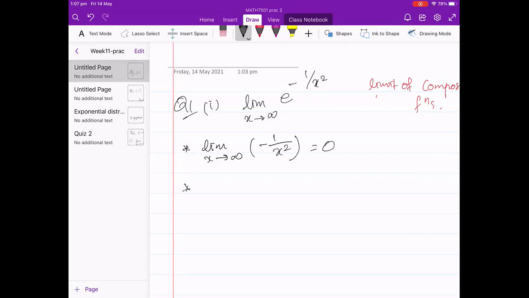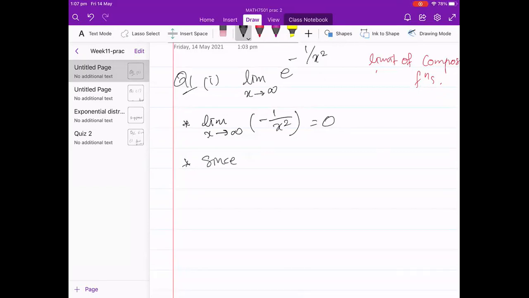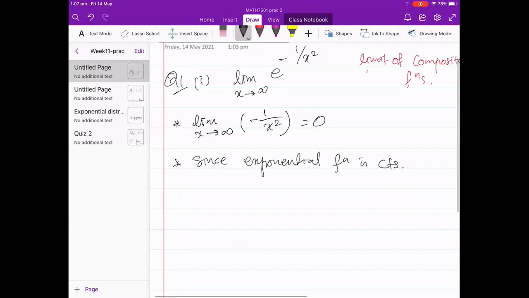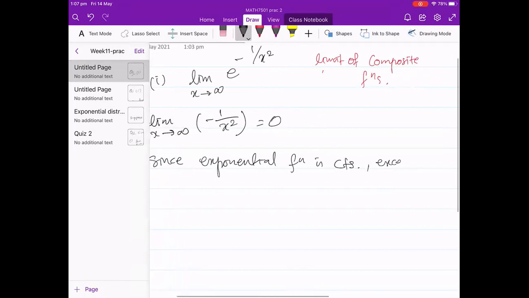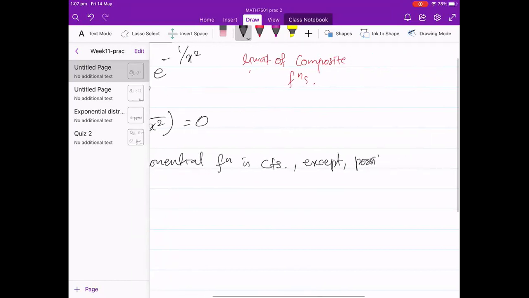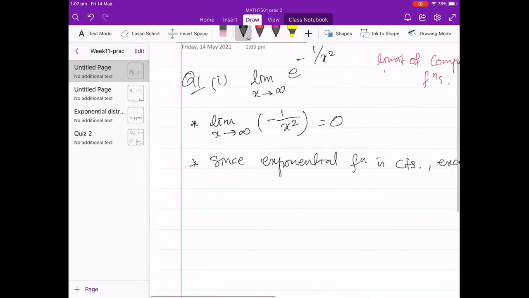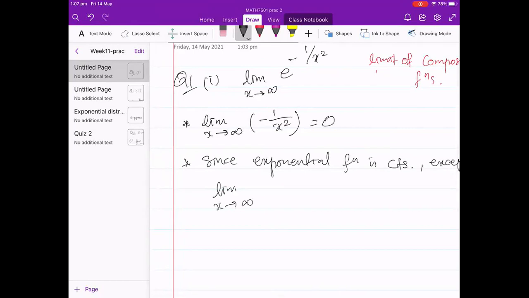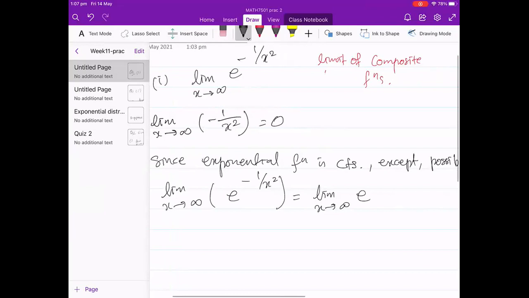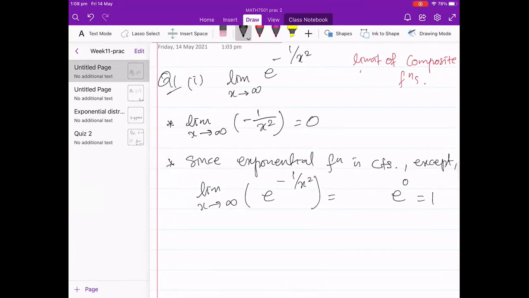So then the next part is, since the exponential function is continuous, we have the limit as x goes to infinity of e to the power minus 1 over x squared is equal to the limit as x tends to infinity of e to the power zero, which is 1. Okay, that's the first part.